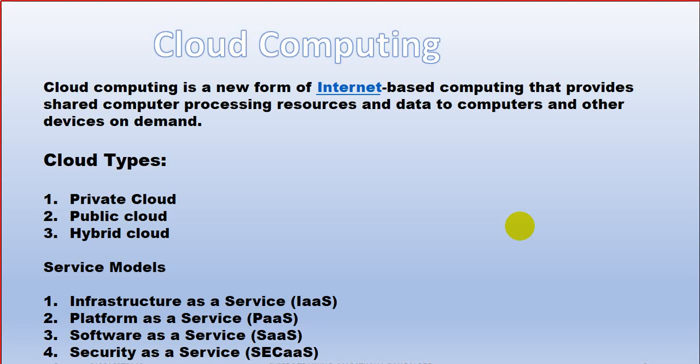And there are three types of clouds: private cloud, public cloud, and hybrid cloud. So what is a private cloud? Let's say that in one company they have developed one application. In a company, a lot of clients will be there.